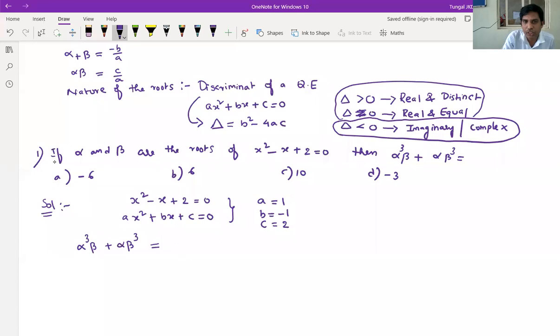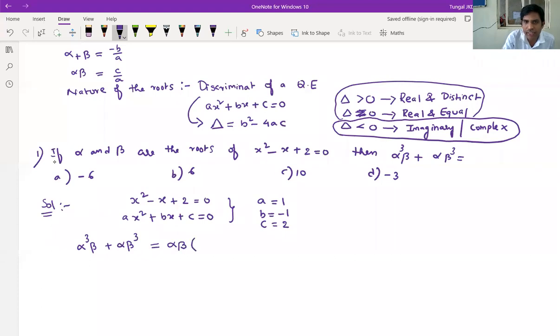Now how to find this value? See, shortcut. Instead of finding the roots, we can directly find it. Here, what is common in both the terms? Alpha is common, beta is common.